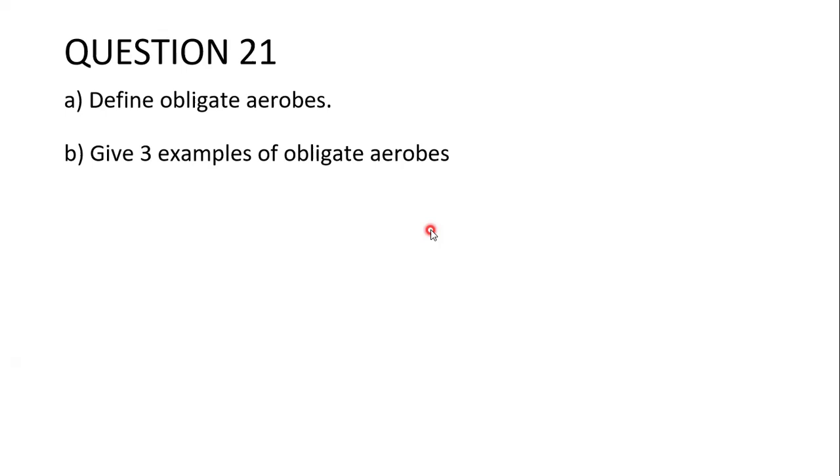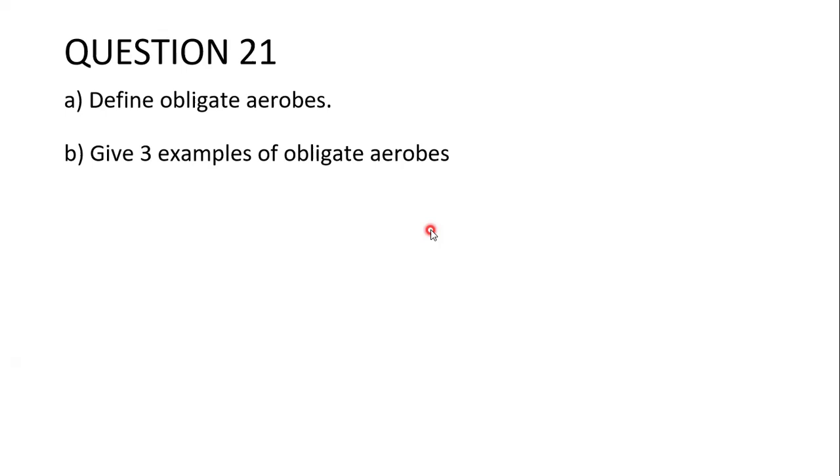So you know why we need oxygen: it is because we require oxygen to produce ATP. Okay, so facultative anaerobes can use oxygen to produce ATP, but they may switch to other methods to produce energy. For example, anaerobic metabolism, where fermentation takes place for it to get its energy.